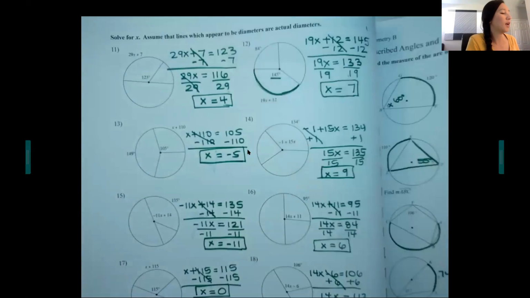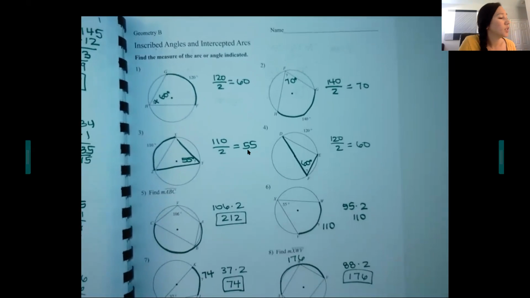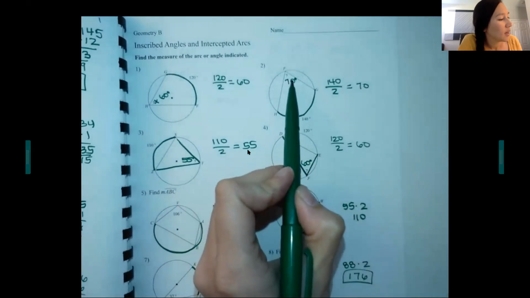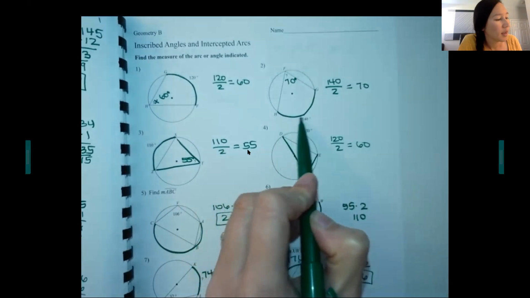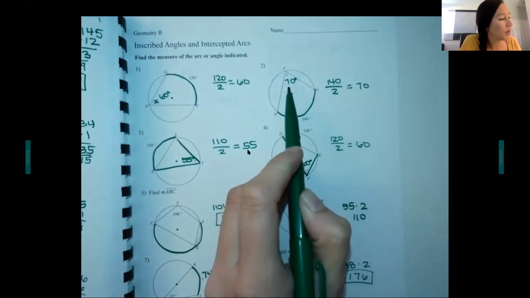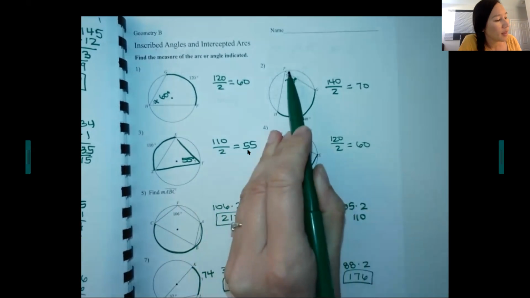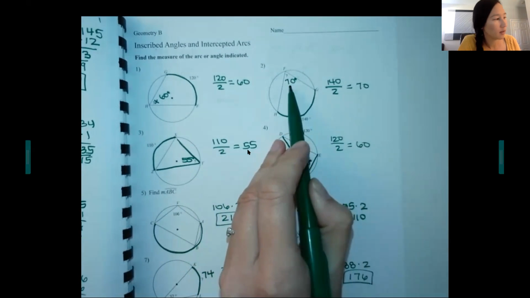Okay, so let's go back to here. You just have to remember that the arc is 2 times the angle, right? So if the arc is 140, then the angle is 70.